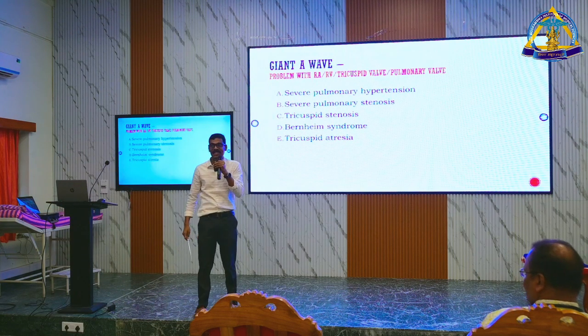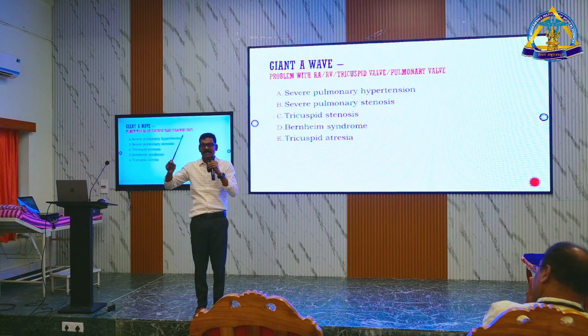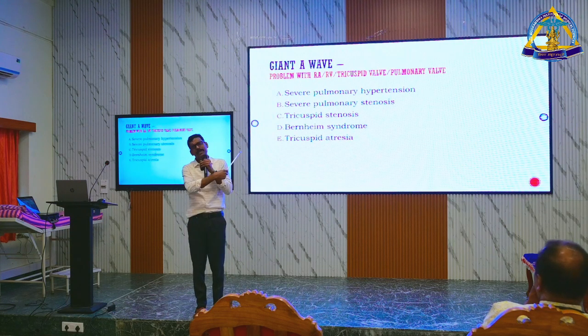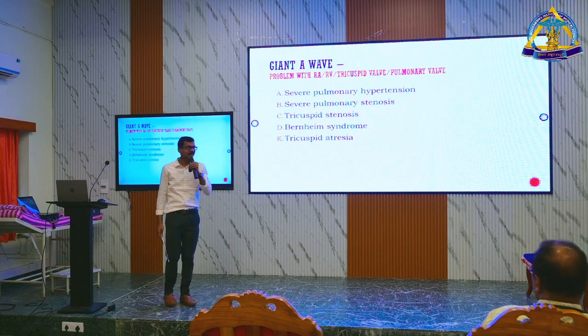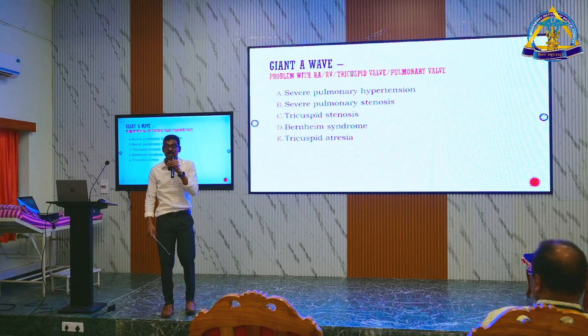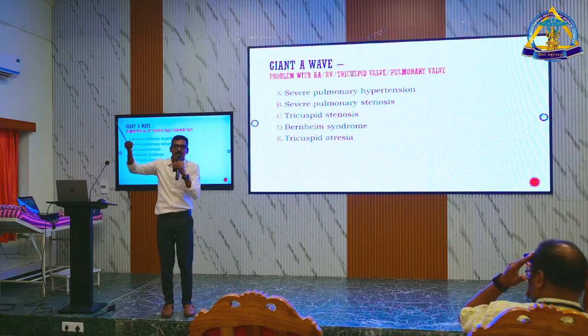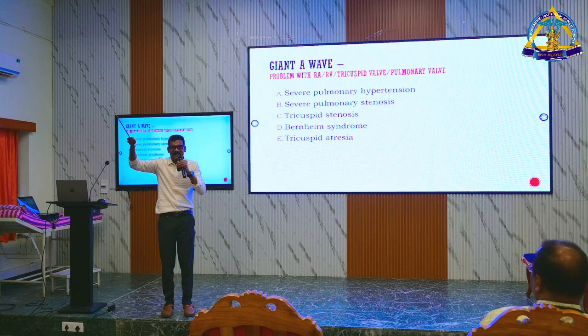Atrial systole. So anything on the right side which increases the pressure during atrial systole will produce an elevated A wave. Severe pulmonary hypertension. Why severe pulmonary hypertension? Because the circulations are in series. Below the pulmonary artery, you have the capillaries and the veins.